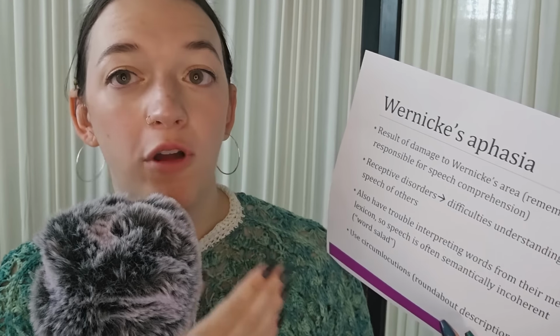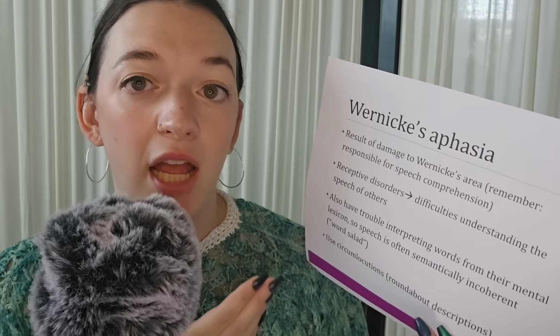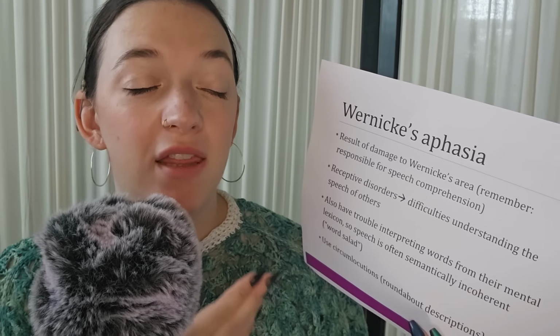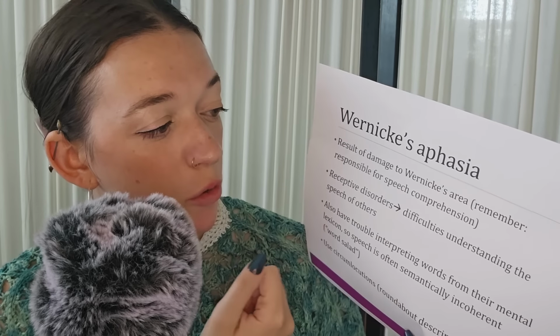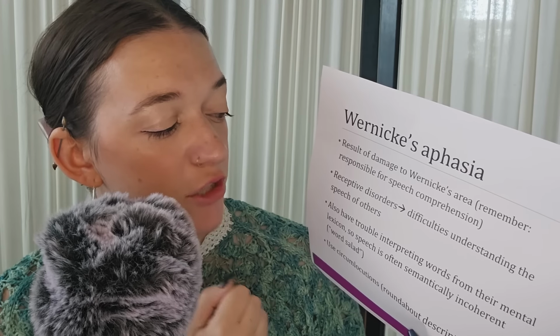So, for instance, if you are talking with someone who has Wernicke's aphasia and you ask them a question, the answer they give you may be somewhat or completely unrelated to your question because it is a disorder that results in difficulties understanding the speech of others. So we can contrast Broca's aphasia, in which aphasics can understand the speech of others but have difficulty producing fluid sounding speech.